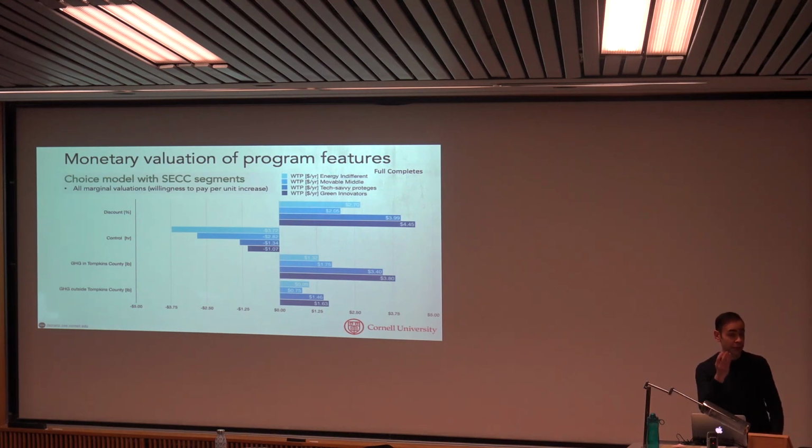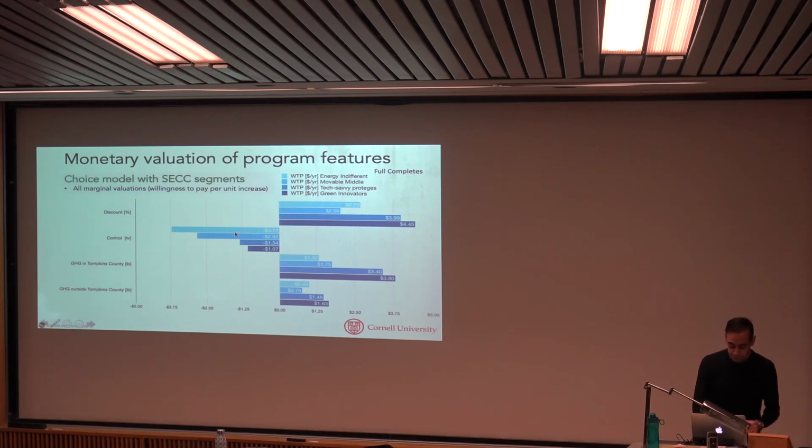We mentioned those 4 segments of consumers: the green innovators, the tech-savvy proteges, the movable middle, and the energy indifferent. We have a lot of information here. I concentrate on 2 here, control, and the pounds being saved for Tompkins County.